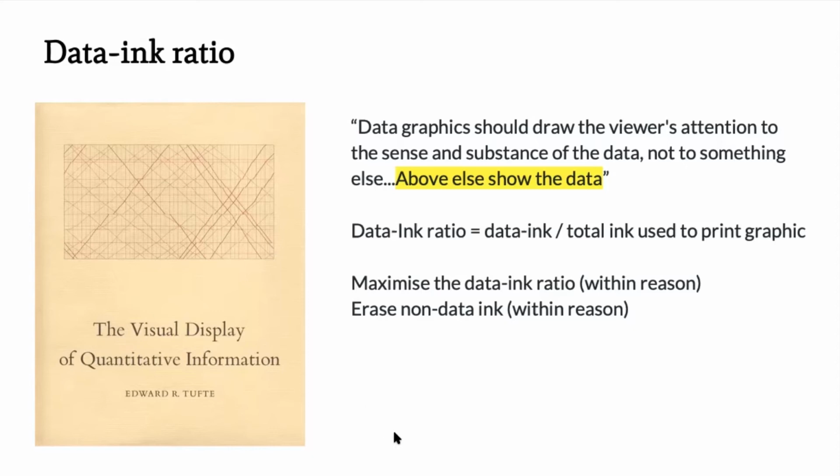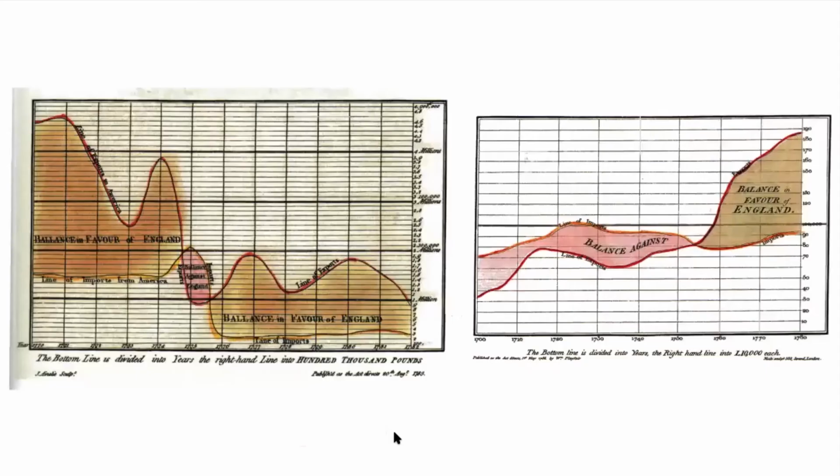What's quite nice is that in the books, he looks at some examples from William Playfair, you might remember from last week, who invented a whole host of classic chart types that we use today, including the line graph, in the late 1700s. And Tufte says that we can see here Playfair getting the hang of maximizing the data-ink ratio.